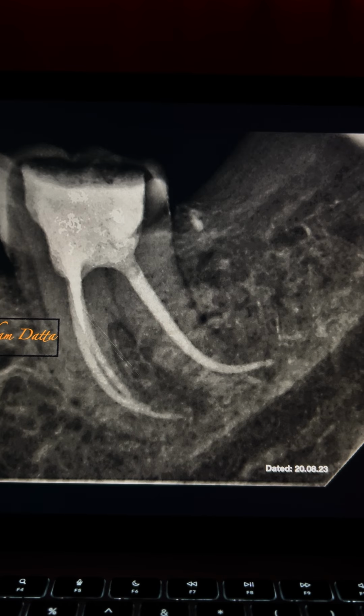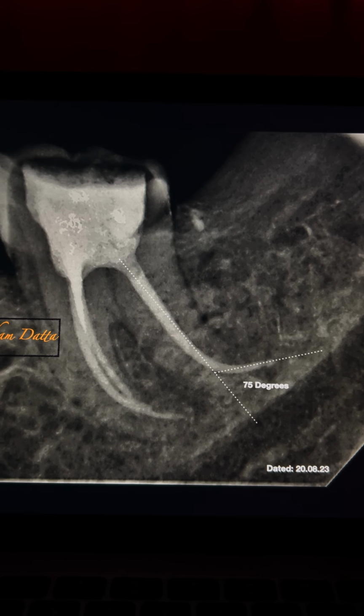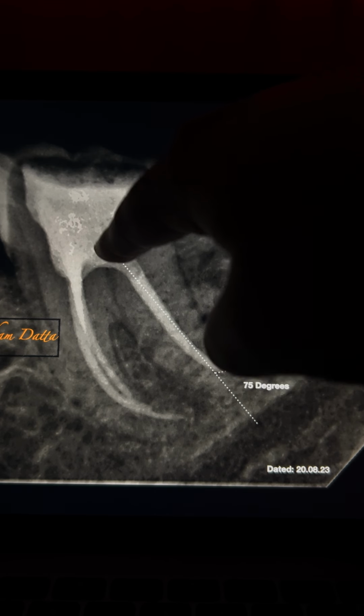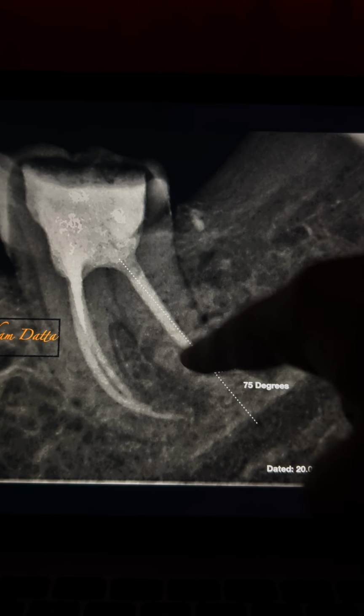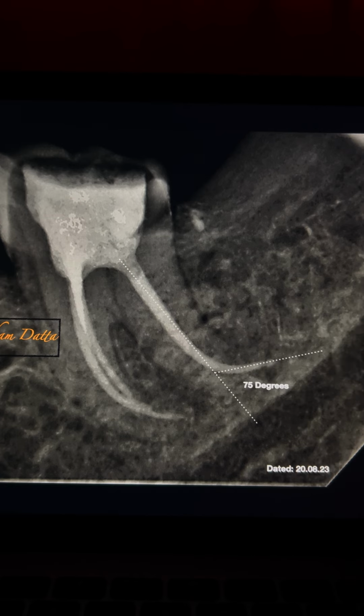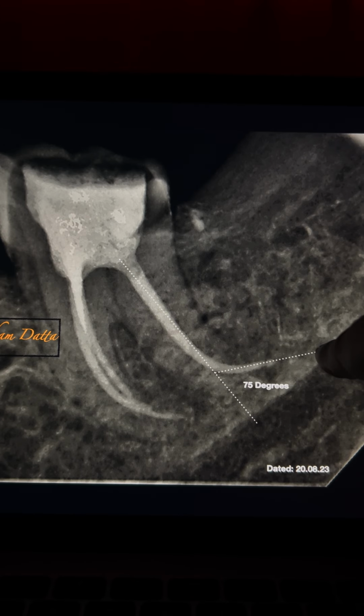Now if you measure the angulation, it is approximately 75 degrees curvature at the apical third of the distal root of this 3-8 as per Schneider method, where one line is drawn vertically starting from the mid part of the orifice towards the point B, that is the straight line, and the next line coincides with the first line.